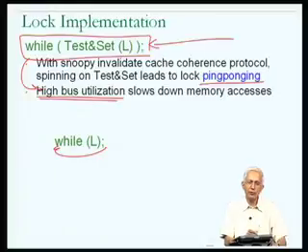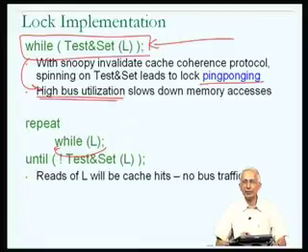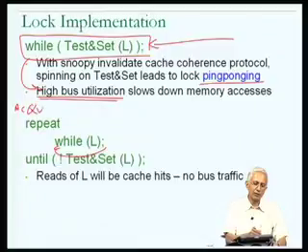So while we are going to busy wait on a read of the lock, we will actually have an outer busy wait loop in which we will busy wait on the test and set of the lock. So we will have a repeat until not test and set of L, in order to ensure the correct implementation of the lock function itself. Remember, what we are talking about here is how the acquire lock function is going to be implemented.